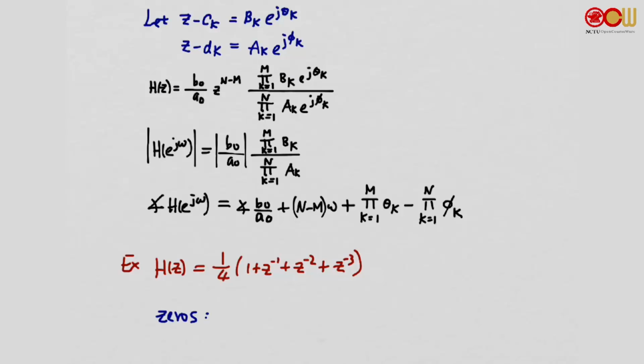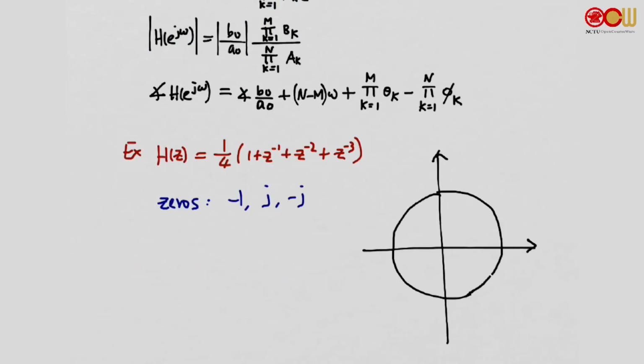For such a filter, we know the zeros are at minus 1, j, and minus j. So here's the z-plane. I've drawn the unit circle. It has one zero here, one zero here, one zero here, and the poles here. The poles are at 0, 0, and 0. Three poles at 0.